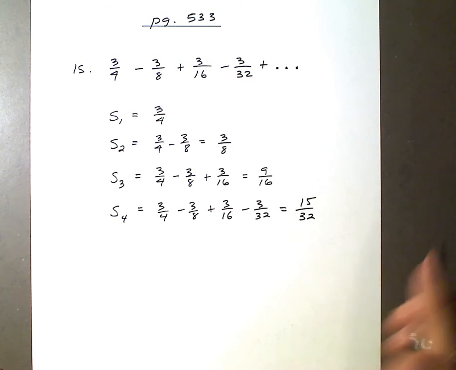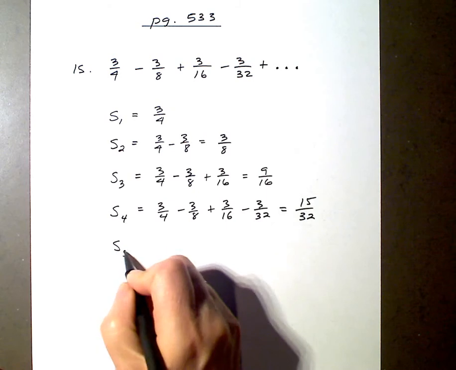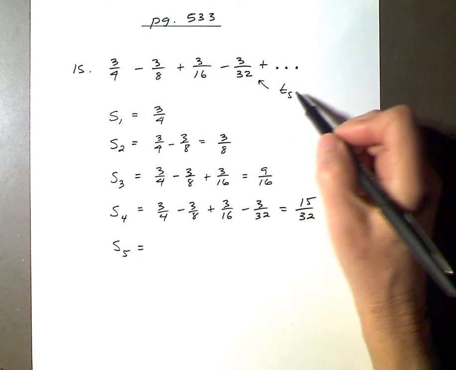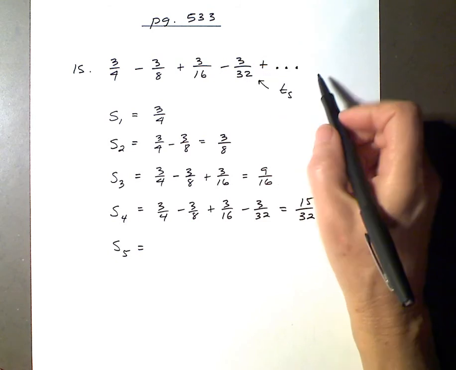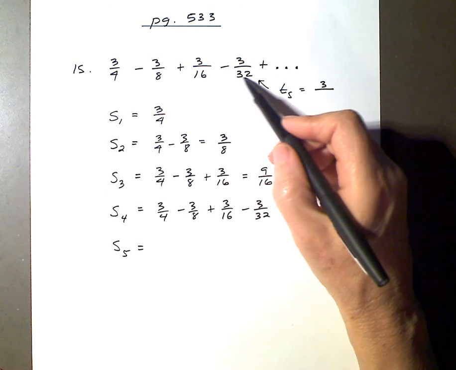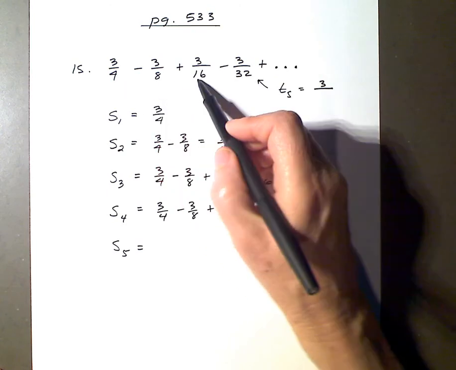So if we go all the way and do the sum of the first 5 terms, the 5th term would have a 3 in the numerator. It would be positive, and this would be 64, because you see how the denominators are doubling.